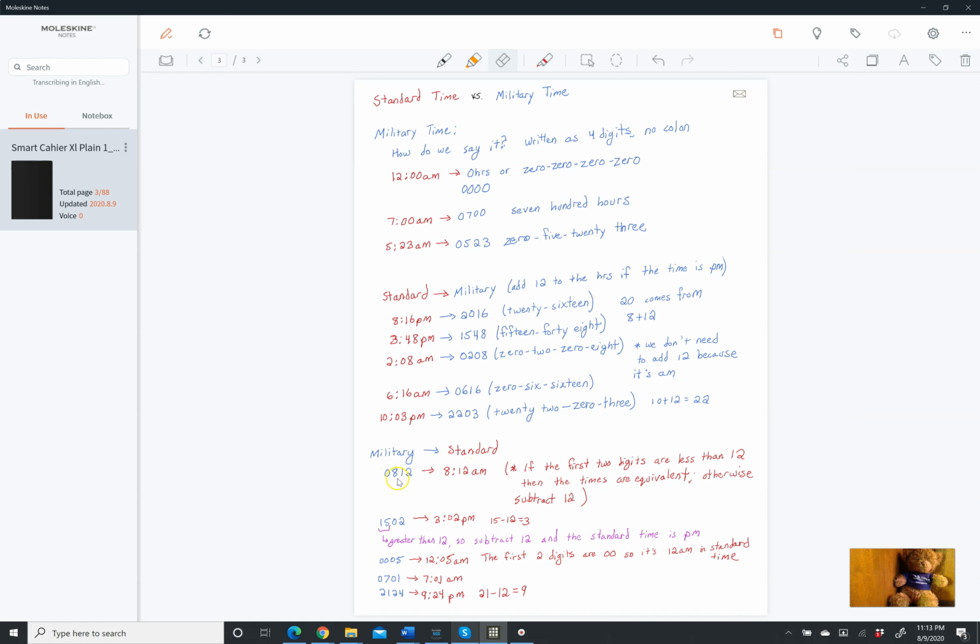If your first 2 digits are greater than 12, then you subtract 12 in order to get your standard time, and it's going to be a PM time. Okay, so if you have to subtract 12, it's going to be a PM. Just think of it as the clock starting all over again once you get to 1 p.m. Okay, and that's it. That's how you convert.